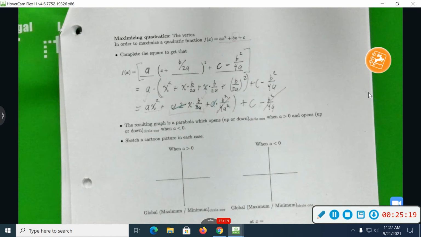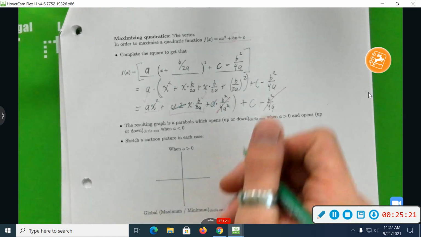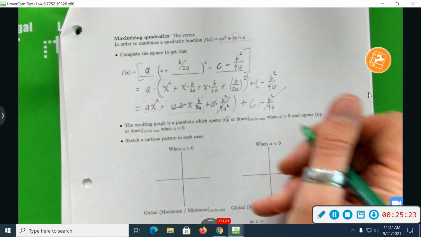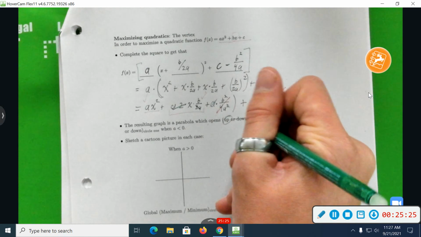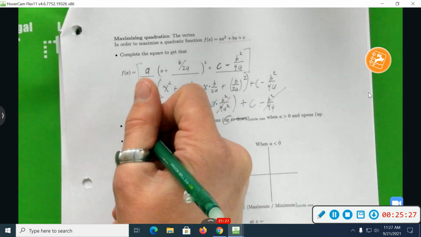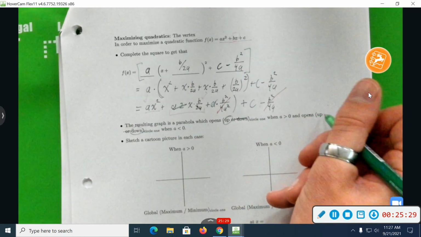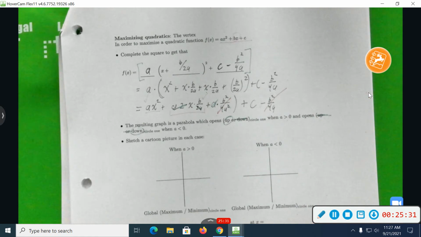So the resulting parabola will open up when a is positive, will open down when a is negative, and I know where the vertex will be.